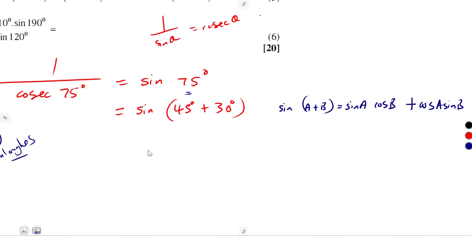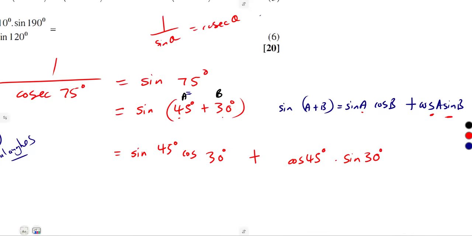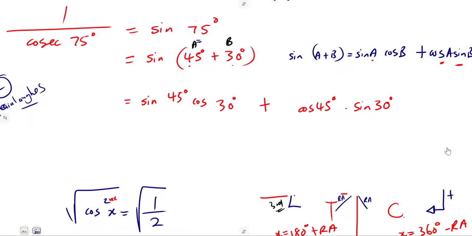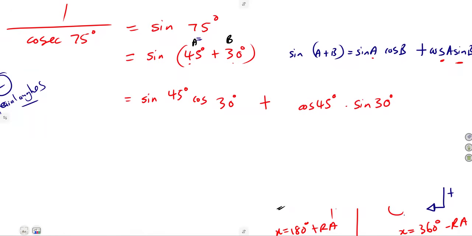Of B. So meaning to say, if this represents our A and this represents our B, it was going to be the sine of A, 45 degrees, the cos of B, 30 degrees, plus the cos of A, which is 45 degrees, times the sine of B, sine of what? 30 degrees, just like that. With this, we can use our special angles, which I said, guys, nothing is special about those special angles, guys.